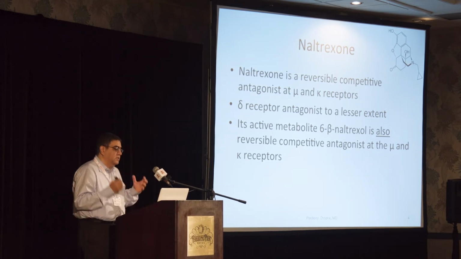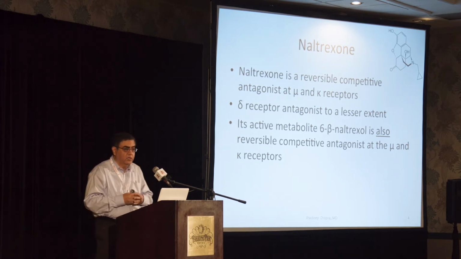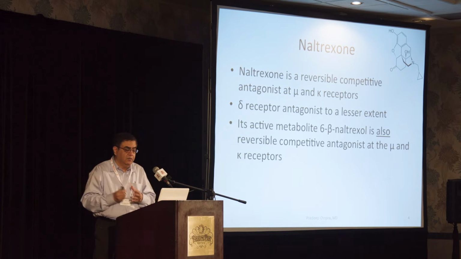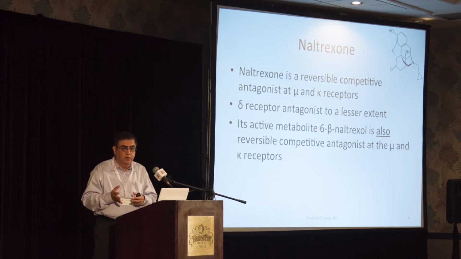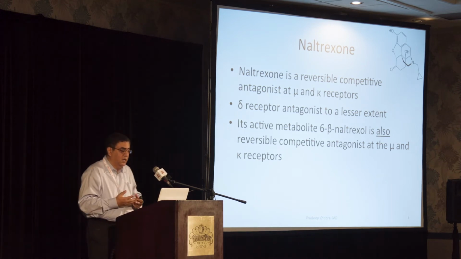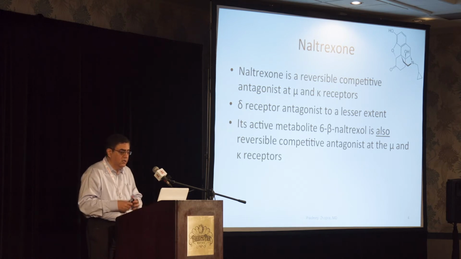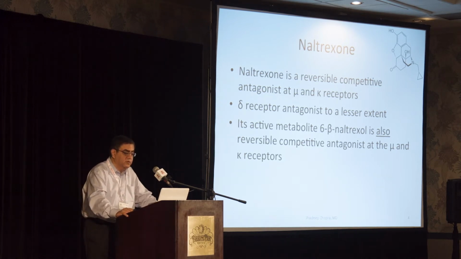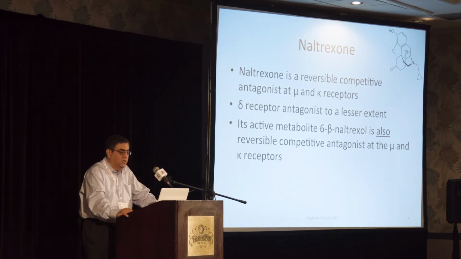What that means is that, all drugs in our body work as a key and a lock mechanism. So every key fits into a specific keyhole, and then that opens up a lock. And if you put a dummy key into that keyhole, then the lock does not get unlocked. Naltrexone is one of those drugs that works on a keyhole called the mu receptor and the kappa receptor.